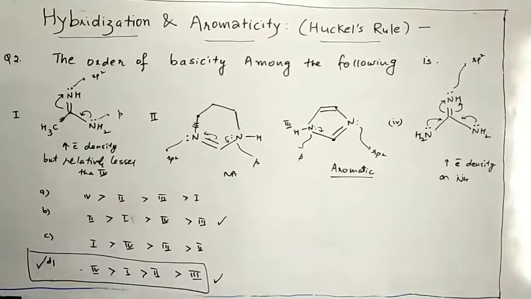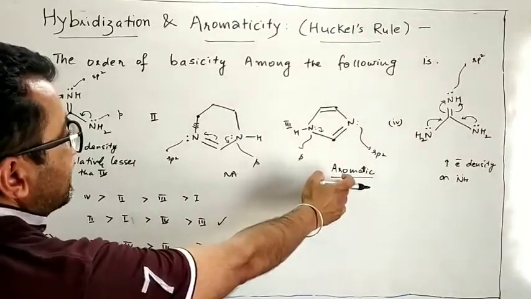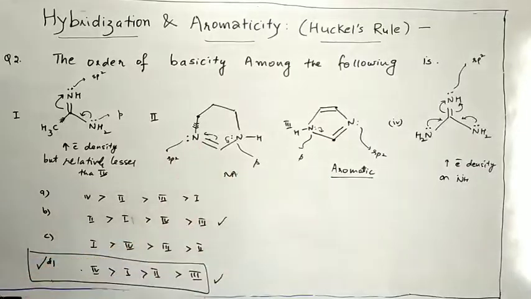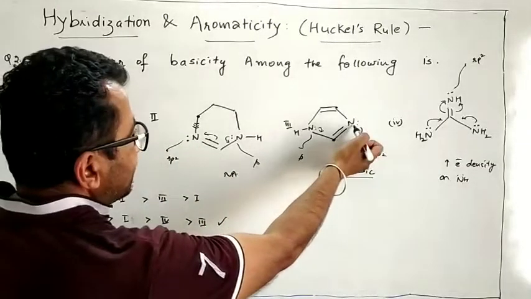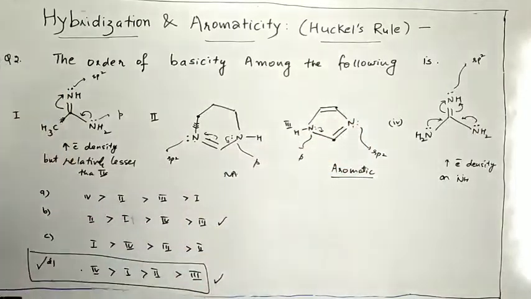So out of these 2, we can say that compound number 3 cannot give electrons easily, because if we compare the electron density on this nitrogen and this nitrogen, here the electron density will be less. Moreover, it's an aromatic compound. So 3rd will be the least basic, then the 2nd, then the 1st, and most basic is the 4th one.